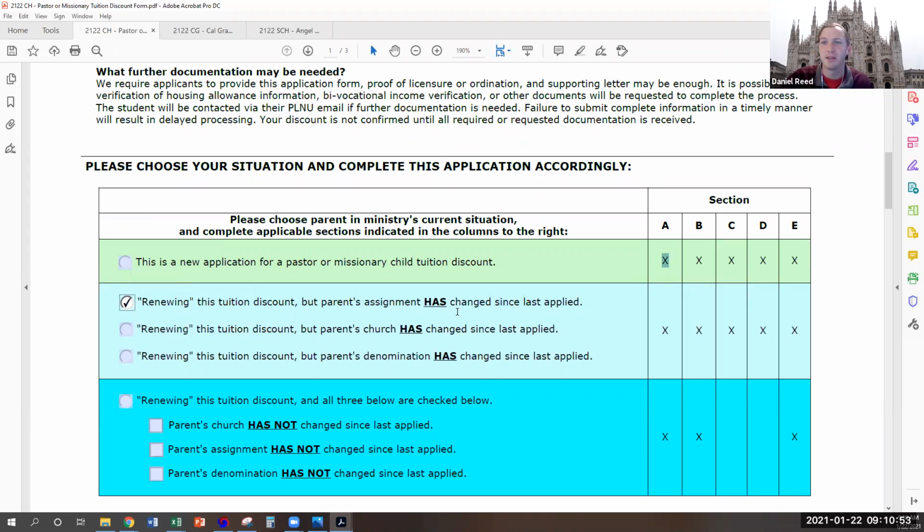If that's more missionary speak, they're in a different country now. Their role at the church has changed. Could be that. Their denomination has changed. They're still a pastor, but they've forsaken the Nazarene church and moved to be, say, a Presbyterian. So it's always possible. And in which case, it's like they're a brand new person, so they would also fill out all of the sections of this form.